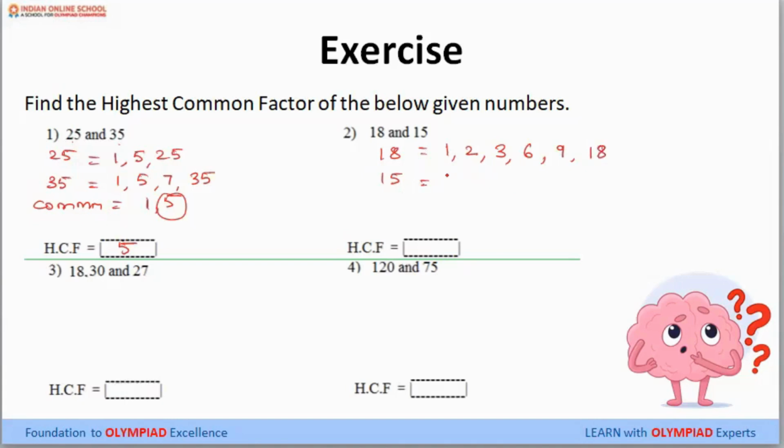What are the factors of 15? 1, 3, 5, and then 15. So what are the common ones? 1 and 3. Which is the highest one? 3. So the HCF will be 3. Understood? How to figure it out? Very good.